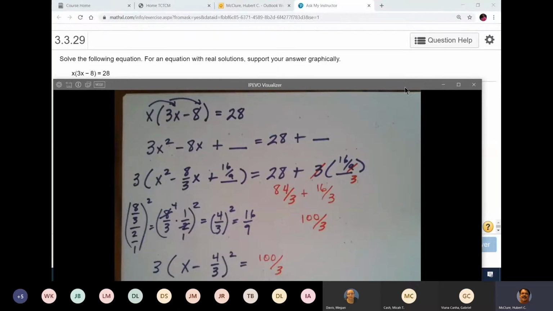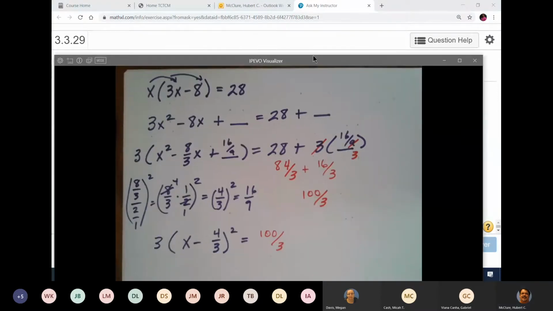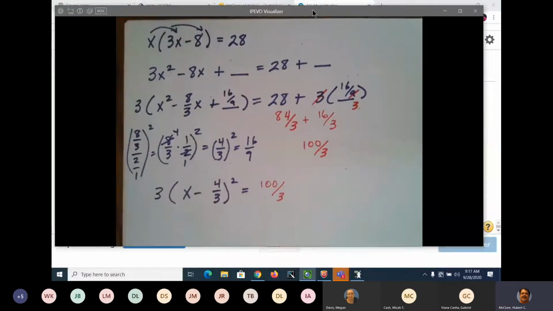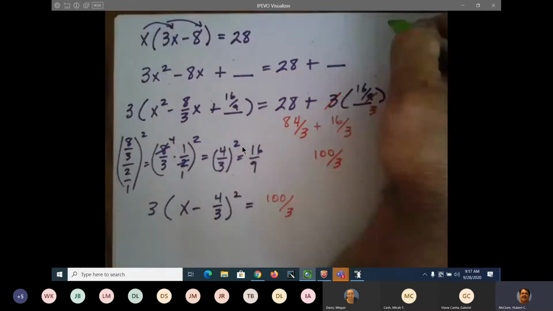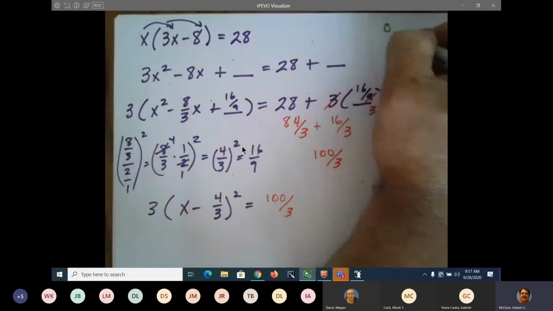And there we are. And don't forget, your y-intercept is negative 28. Remember that. So I'm going to go up here and put in green: y-intercept is 0, negative 28.